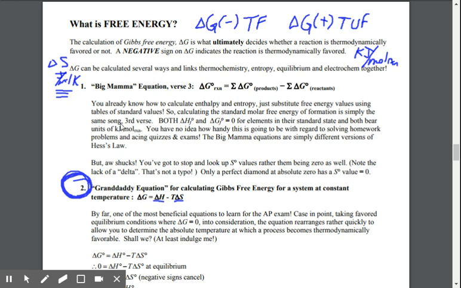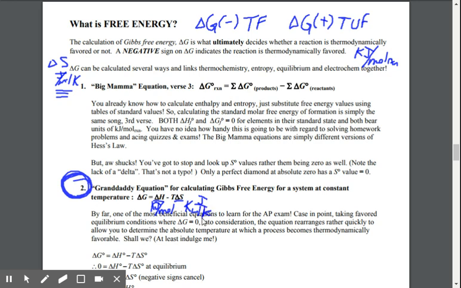This is where we have to pay very close attention to units because delta H is measured in kilojoules per mole reaction. T right there stands for temperature, which is in Kelvin, and delta S is measured in joules per mole Kelvin.